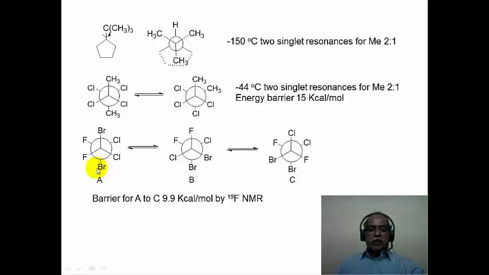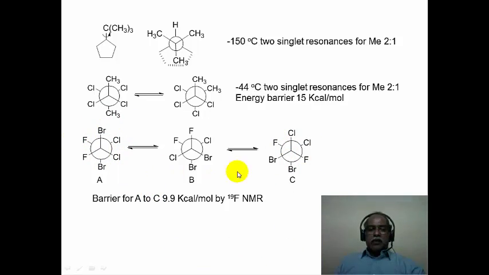In other words, conformation A is going to be the most stable conformation. Conformations B and C are going to be the least stable, of which C is going to be the least stable because the two bulky bromine groups and the two chlorine groups, which are also bulky in comparison to the two fluorines, are close together. This will be the least preferred conformation and this will be the most preferred conformation.